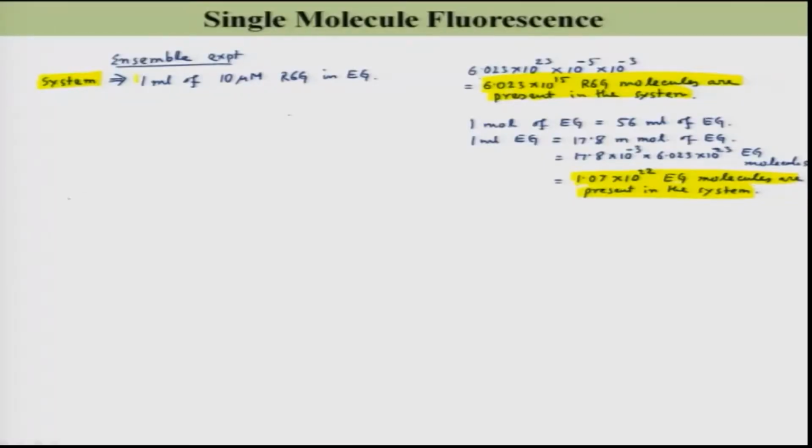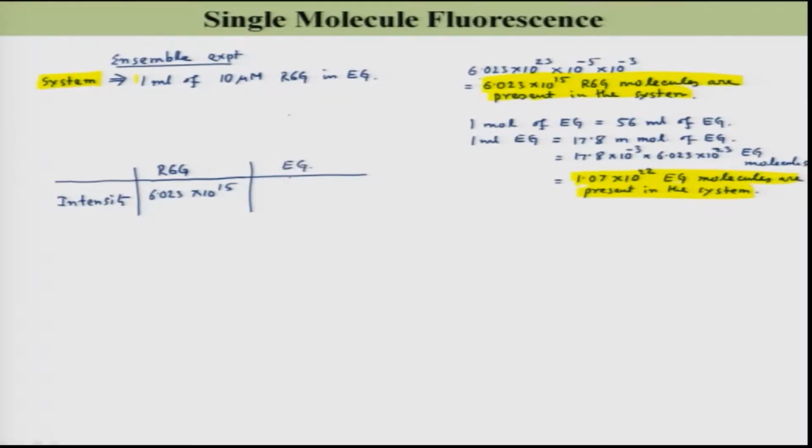So, now I will write the intensity coming out of rhodamine 6G will be 6.023 into 10 to the power 15. Now, the intensity from EG, that I should calculate here.